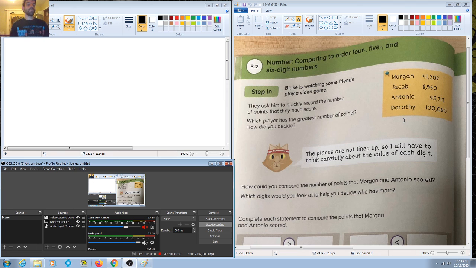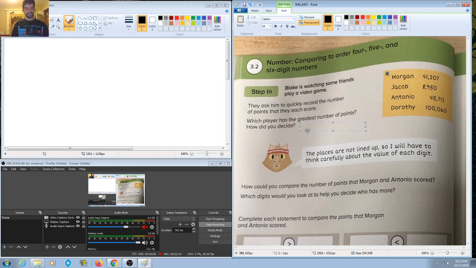That right there is going to give us the greatest value of points in this case. Dorothy's really good at this video game. Unfortunately, I can't say the same for Jacob, but I'm also curious how points are scored in this game. Regardless, Dorothy has the greatest number of points.